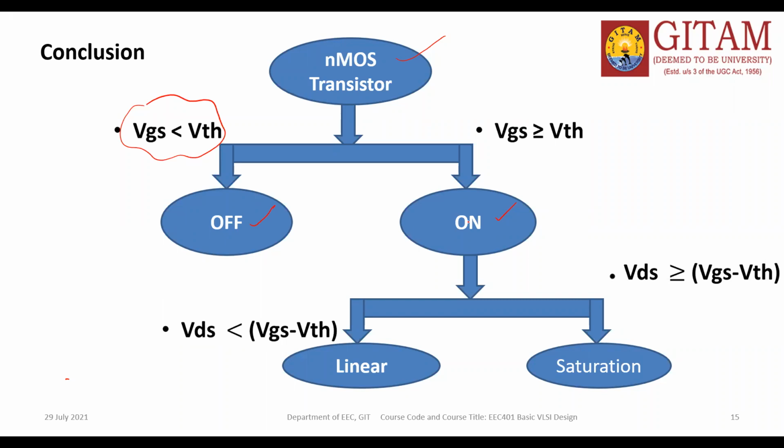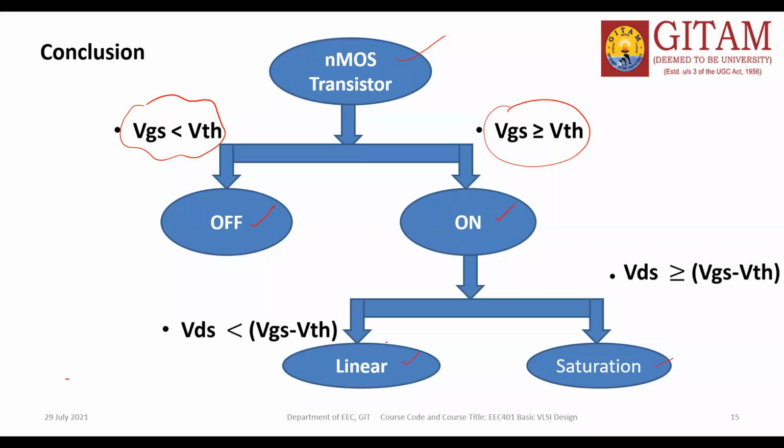Otherwise, if VGS is equal to VTH or greater than VTH, you immediately identify that the MOS transistor is in on mode. When it is on, there are again two possibilities: linear region of operation, or saturation mode of operation.